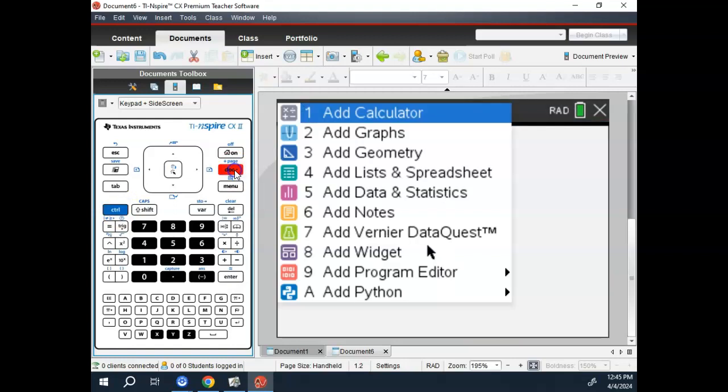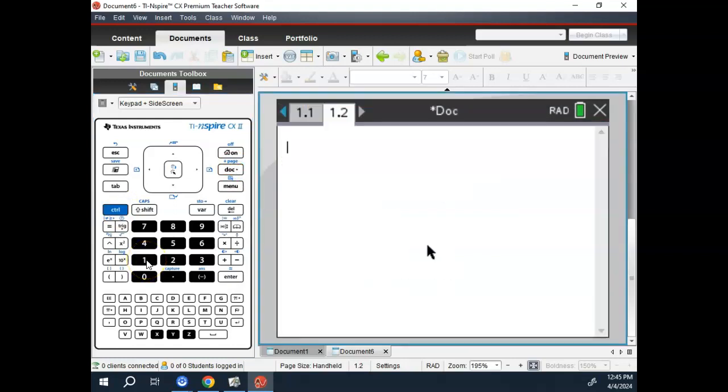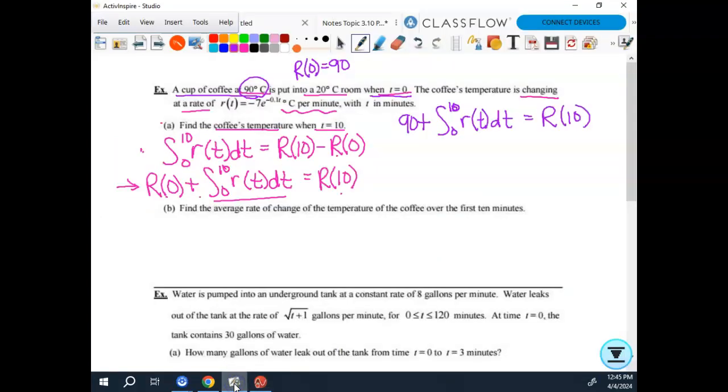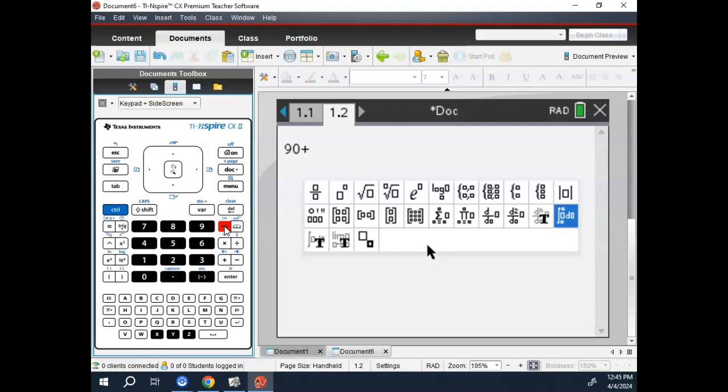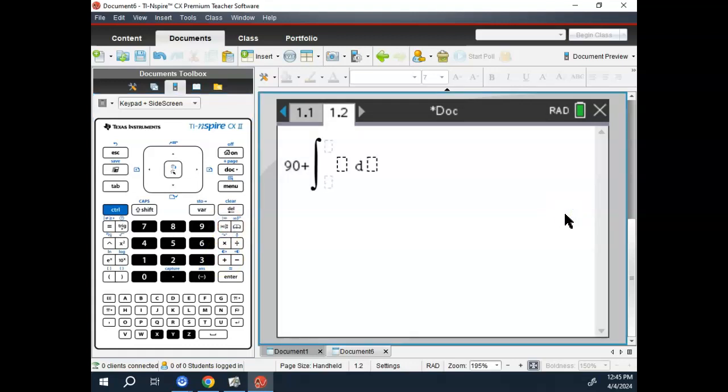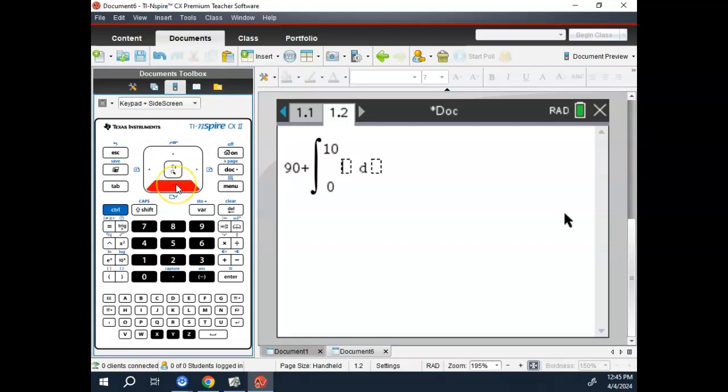Then I'm going to add a calculator. And on my paper, I have 90 plus, so 90 plus, get my integral. I'm going from 0 to 10. f1 of x dx.